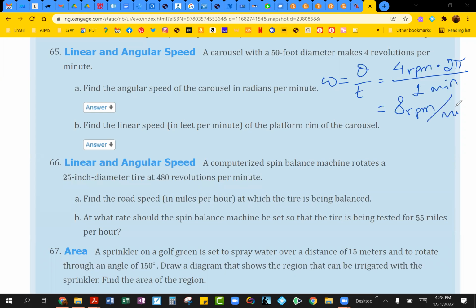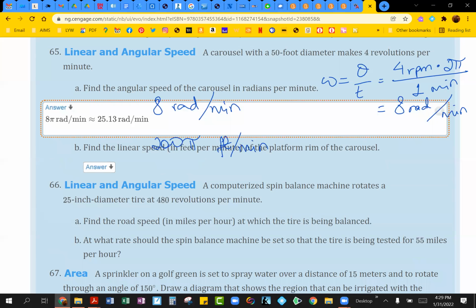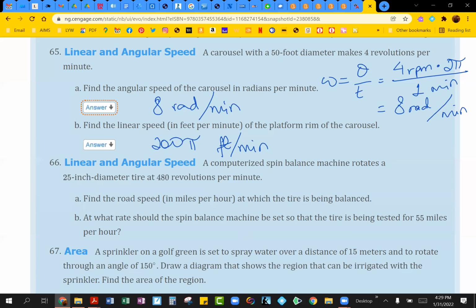Since you multiplied it by 2 pi, it's actually just in radians. That's your central angle. So 8 radians per minute. And then this guy, of course, came out to be 200 pi, and that's feet per minute. Like I said, since this is an odd numbered problem, you are able to verify your answer for this.